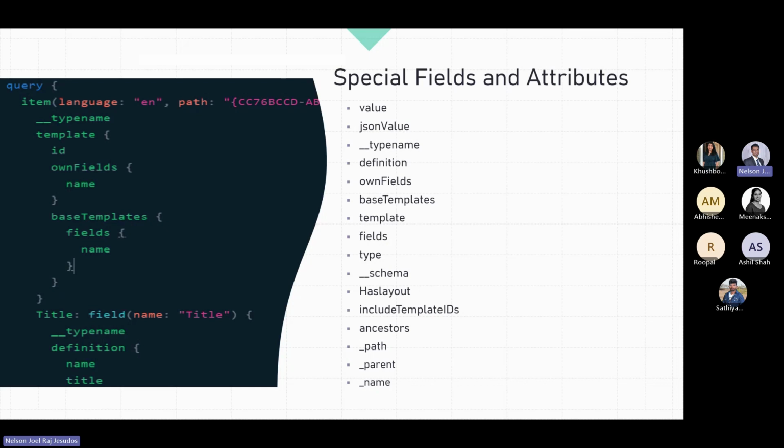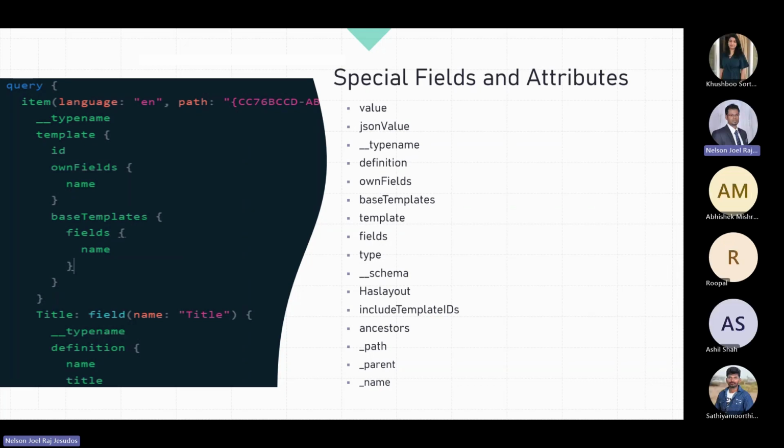Path and parent name are very important in this GraphQL query. Every search we are using is based on path only. Path can be an item ID or a physical path like sitecore/content. We can use anything, and using that we can query the data, but we need to be careful when using path. It will give you all the children as well, not only the particular item.